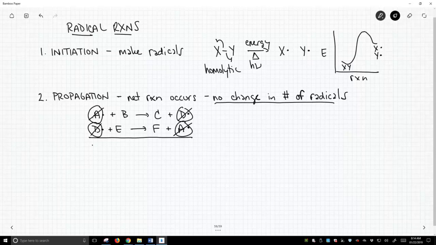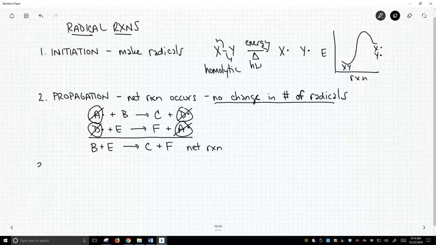And now we see what falls out is the net overall process of these 2 steps is B plus E forms C plus F. This is our net reaction. And in our net reaction, our radicals don't appear in the net reaction. That's an interesting quality about radical reaction. So you need the radicals to make the reaction go, but they don't appear in the net reaction equation.